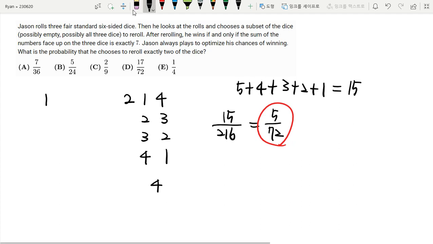Let's use this example. Let's say the first trial makes these 3 numbers, and in this case, to make the sum of 7, he will throw this one die again, and if we get number one, now the sum is 7.